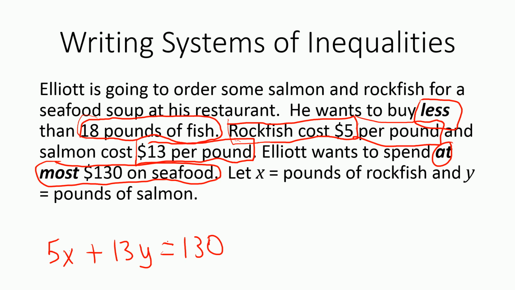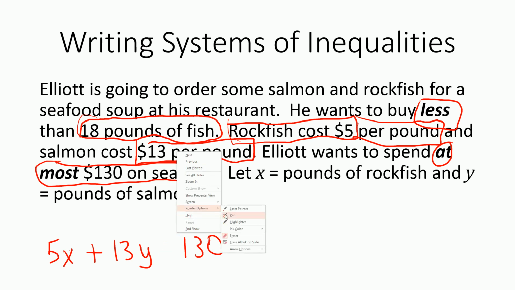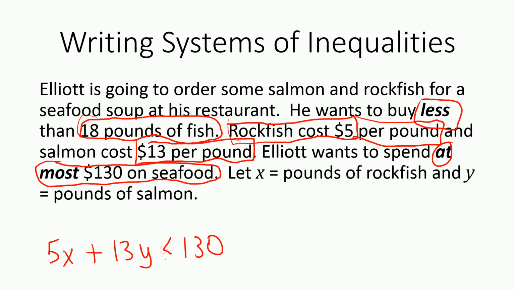If that's the absolute highest amount, then first of all, I'm going to erase this. And instead, I'm going to write in, if it's at most, then it has to be 130 or less. So this has to be less than, or it could be equal to, 130. So if he wants to spend at most, that's always less than or equal to.